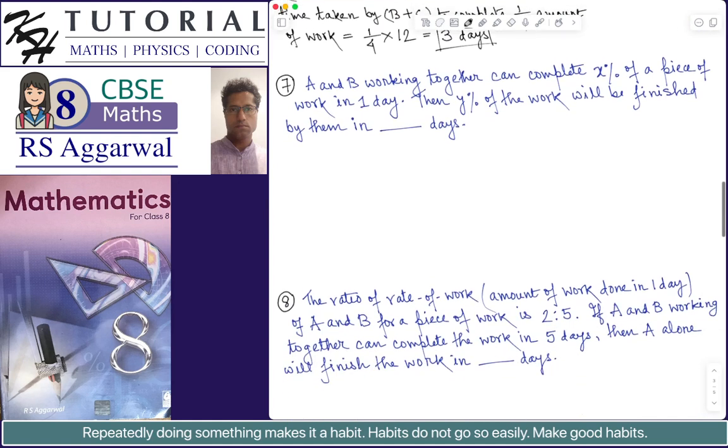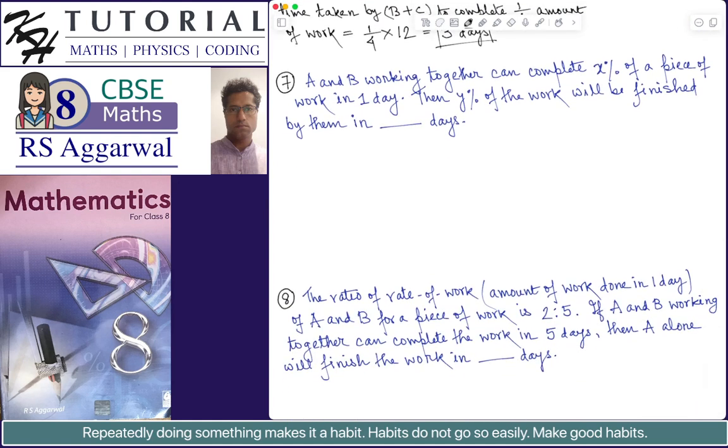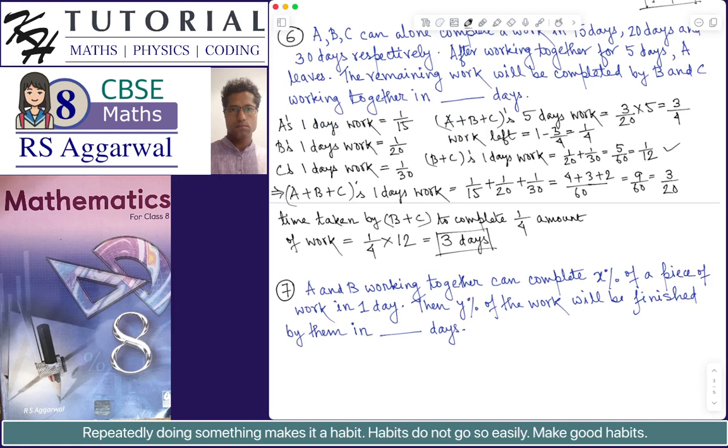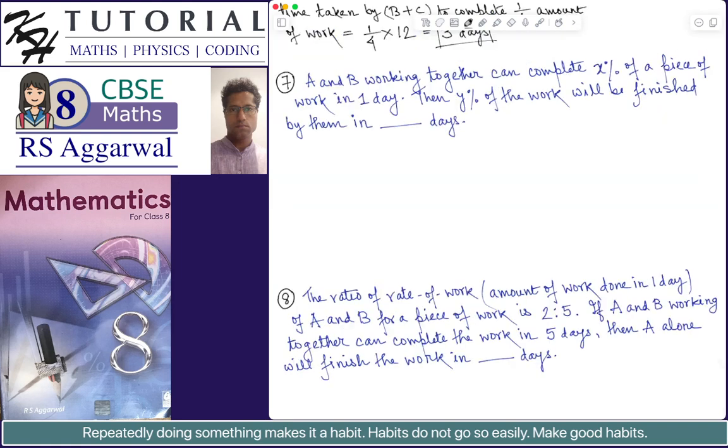Okay, problem number 7. A and B working together can complete X% of a piece of work in 1 day. Now, a piece of work means a whole work, and whole work is always 1.